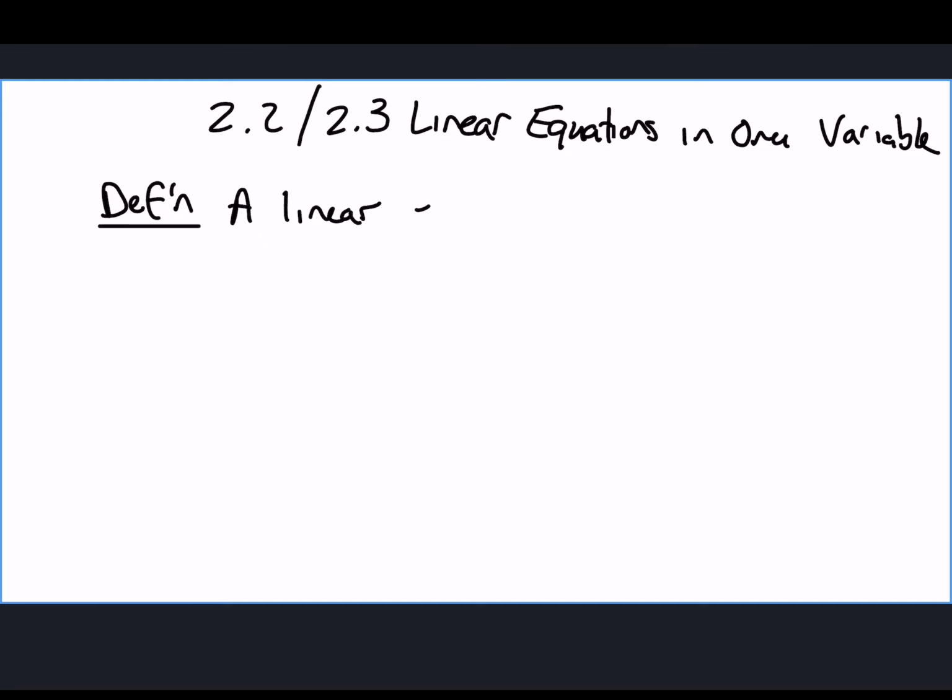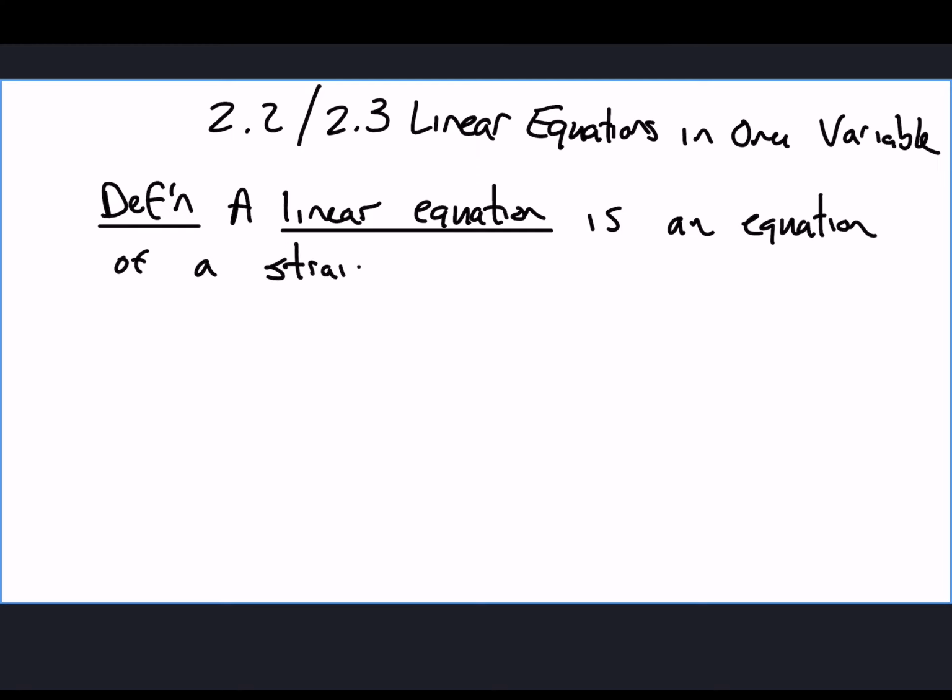A linear equation is an equation of a straight line, which is written in one variable.